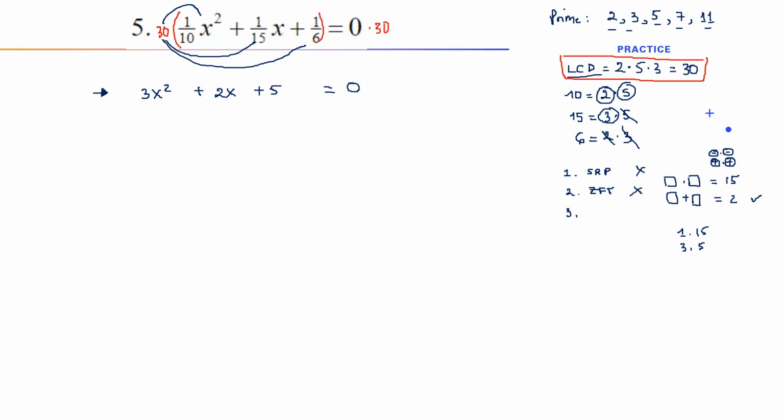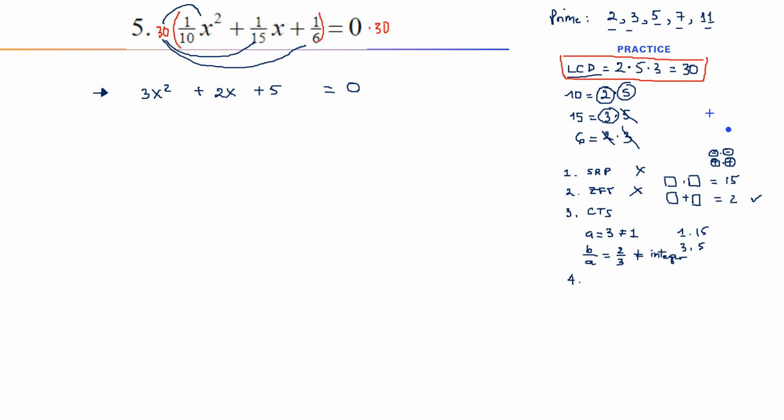Now we're checking on completing the square. So A is 3, it's different from 1. And then B divided by A is 2 divided by 3, that's a fraction. It's different from the integer, so we don't use that.